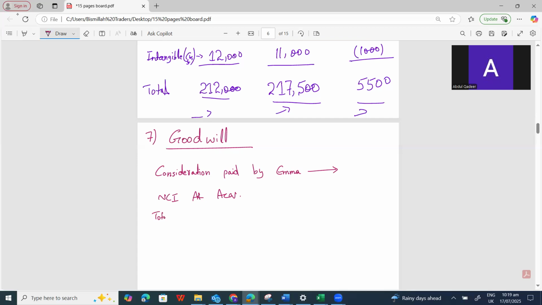Total shares multiplied by the non-controlling interest percentage, then multiplied by the market value of shares, the market value of subsidiary Julie shares.